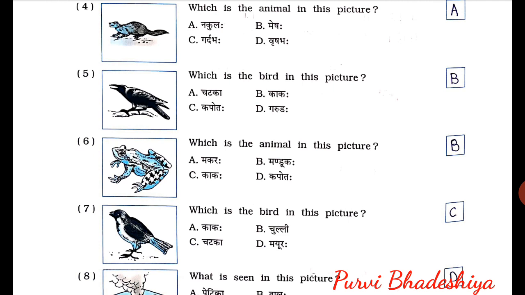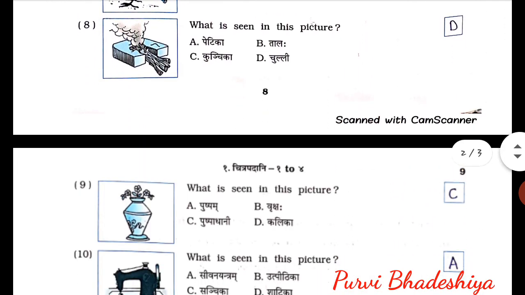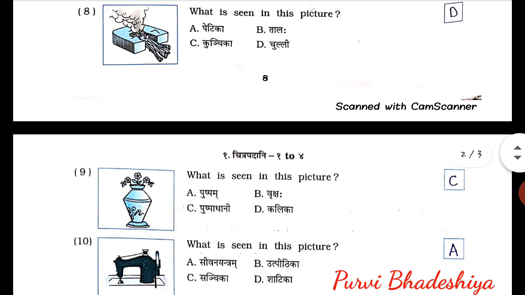B. Mandukah. Seventh one, which is the bird in this picture? And the answer is C. Chataka. C. Chataka. In eighth picture, they have shown us a mud stove and they have asked a question, what is seen in this picture? And the answer is D.